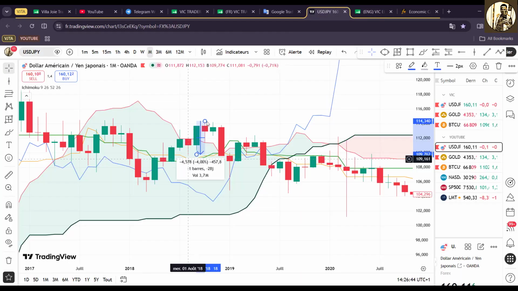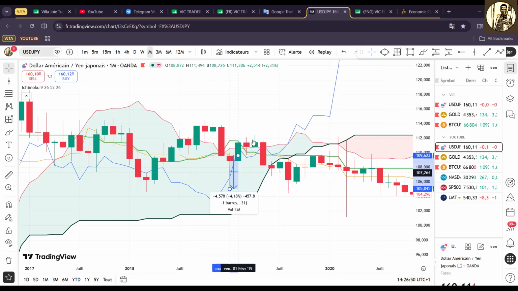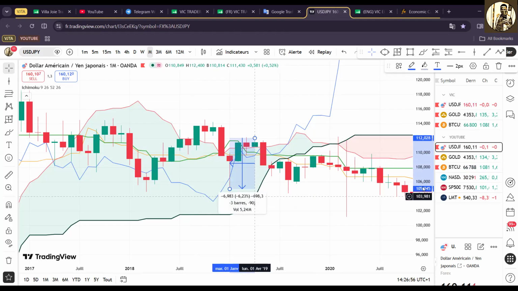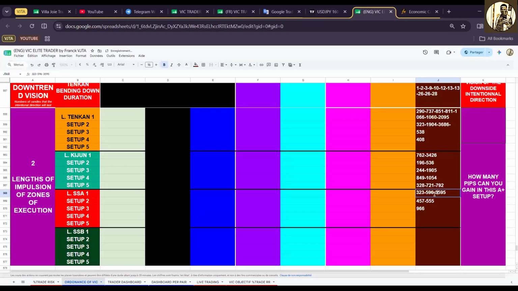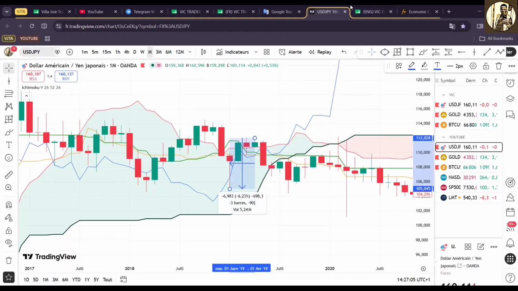Then for this other touch like this, from this point to this high, on this uptrend SSA, we have 696. 696, because I put it on the first 690 and 98, okay.